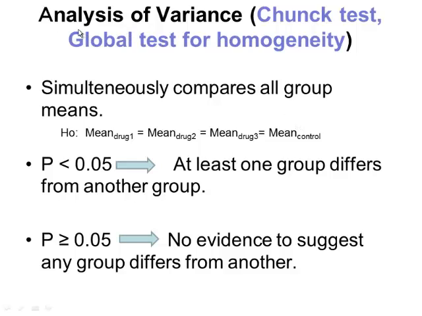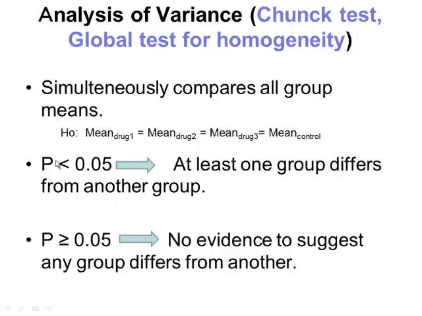Although the ANOVA is, we call it a global test for homogeneity. What ANOVA does is simultaneously compare whether the mean HbA1c among all drugs is the same. Okay, so that is the null hypothesis for the ANOVA.